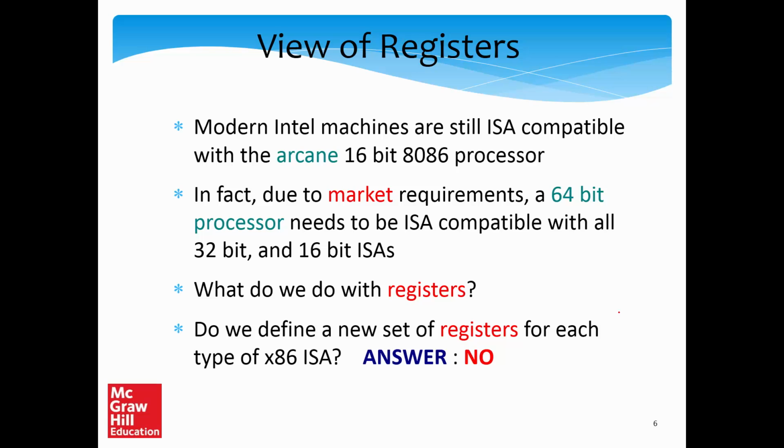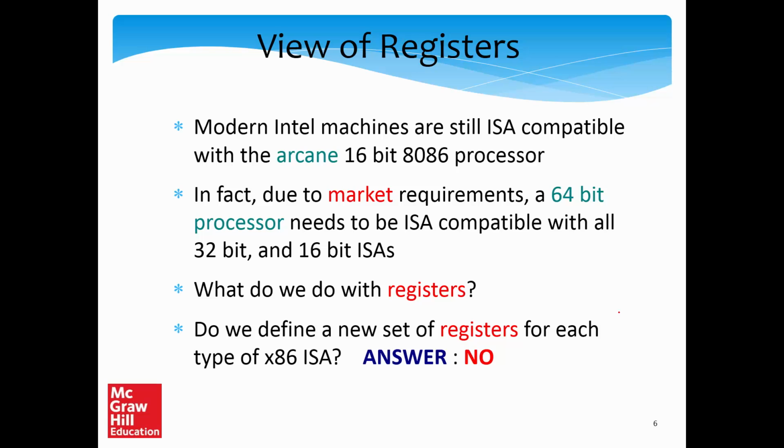This is mainly done due to market requirements. So if market requirements suggest that a 64-bit processor has to be ISA compatible, what we mean by ISA compatible is that programs written for earlier, older processors, which had 32-bit and 16-bit ISAs, should still be able to run on a 64-bit processor.